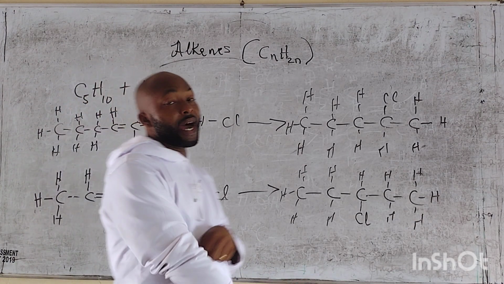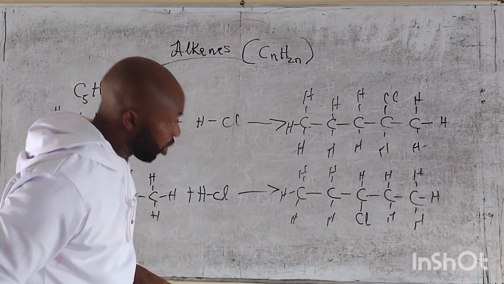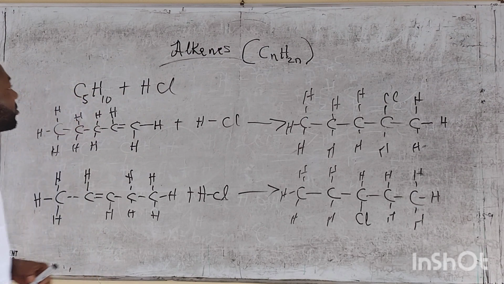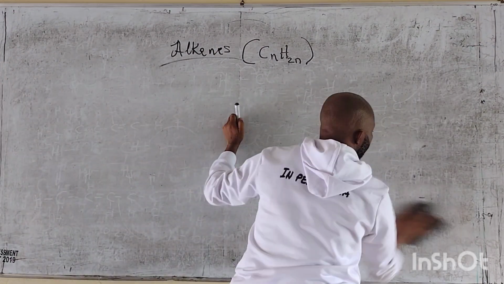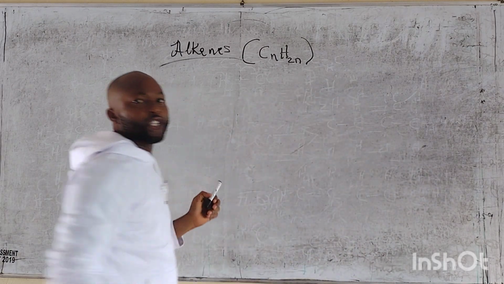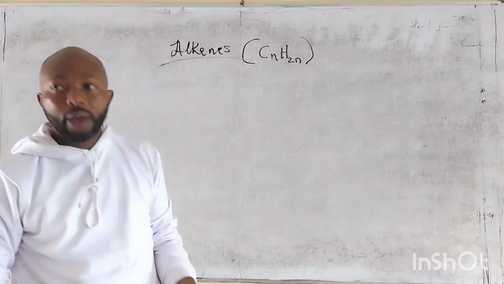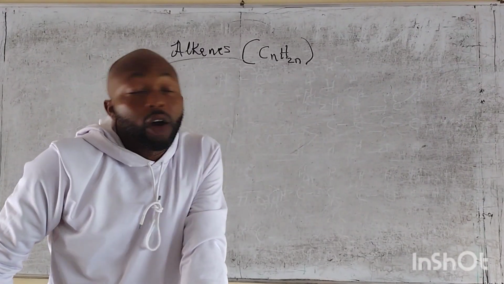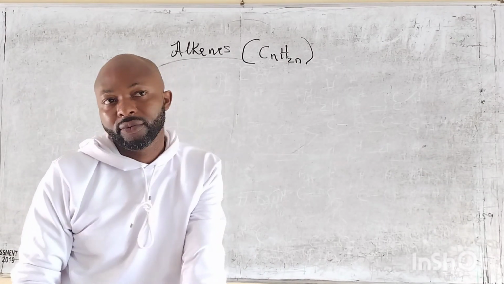Let's go to isomerism. Isomerism of alkenes. Now, I said isomerism is a phenomenon by which compounds have the same molecular formula but different structural arrangement.